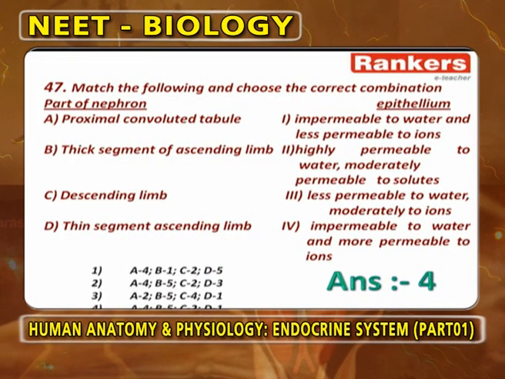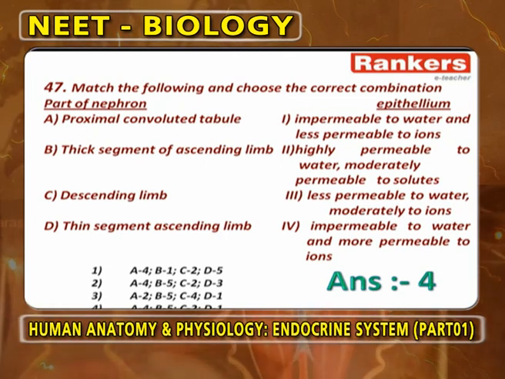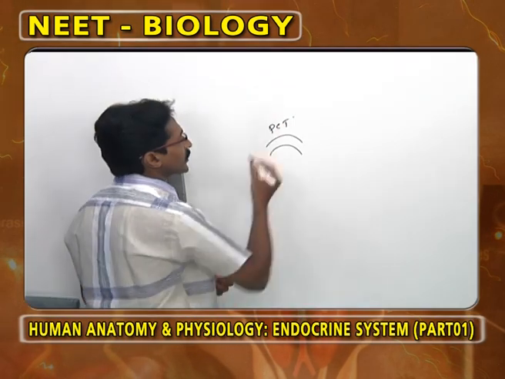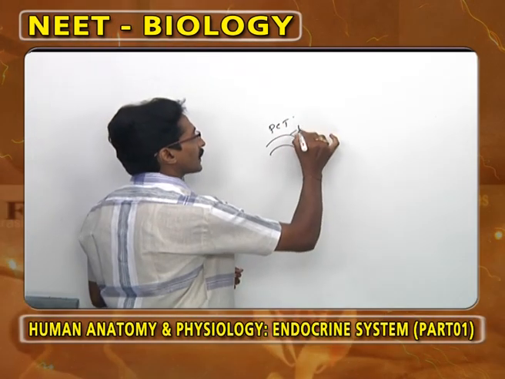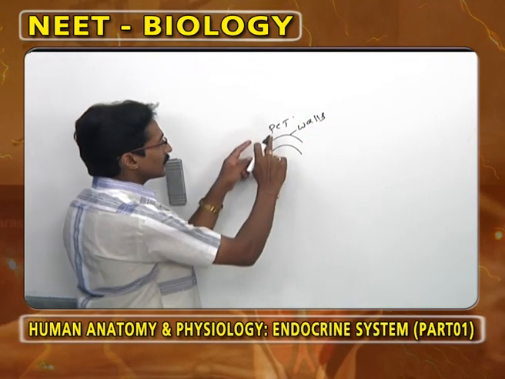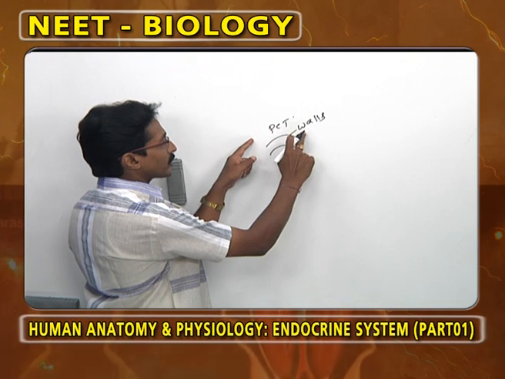Match the following and choose the correct combination. Now on one side we are giving the parts of the nephron. The first one, this we call the proximal convoluted tubule. These are the walls of the proximal convoluted tubule.